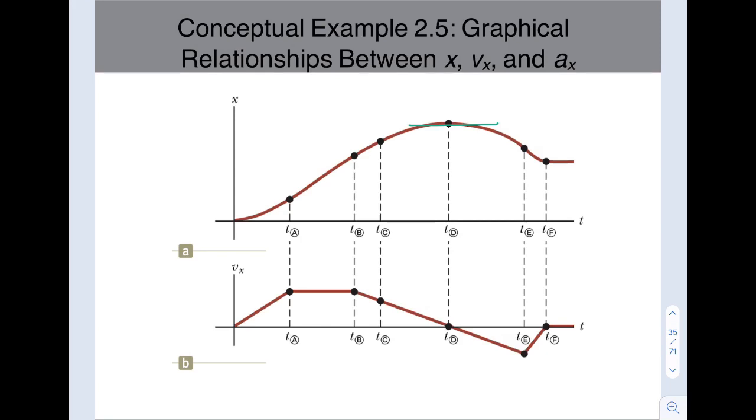Alright, between td to te, the slope of the xt graph here is negative, therefore the velocity is negative, and it decreases uniformly in this interval. Then from te to tf, the slope of the xt graph is still negative, and x goes to 0.